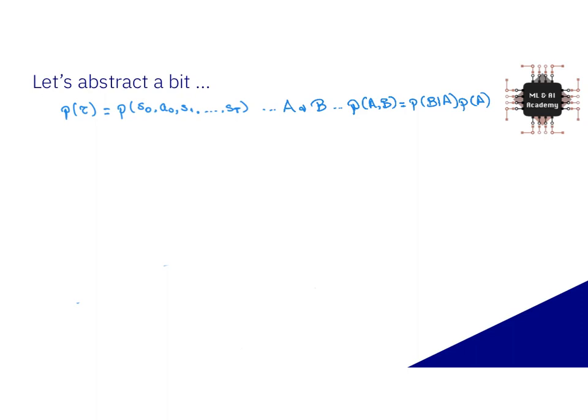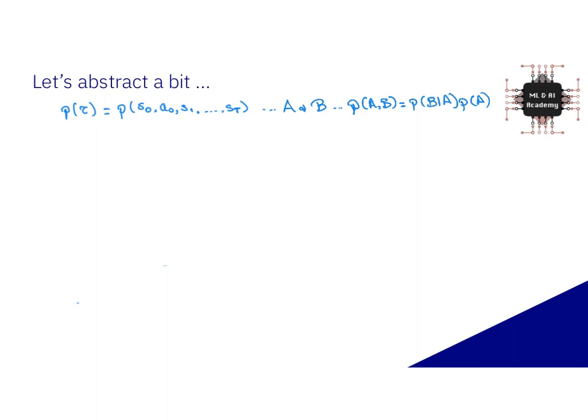Now it's easy to prove this, really. You can just use Bayes rule in order to prove this, but we're just going to take it for granted. And the details of how you get this can be found in the other lecture on probabilities.